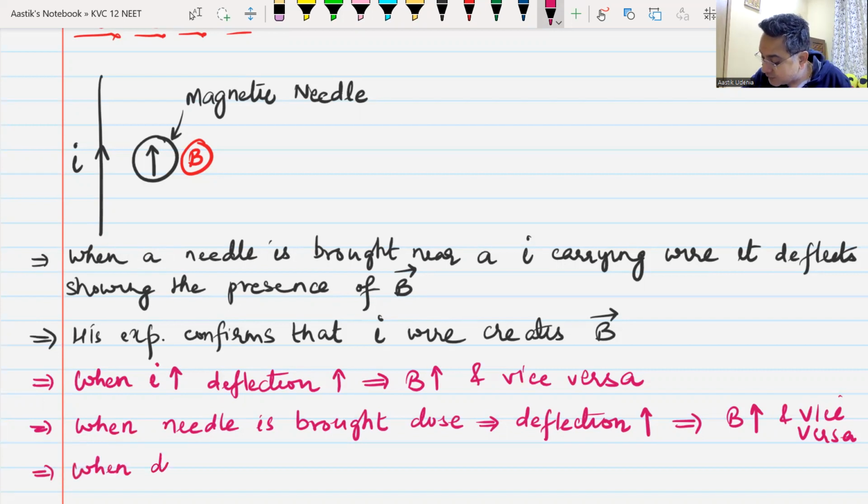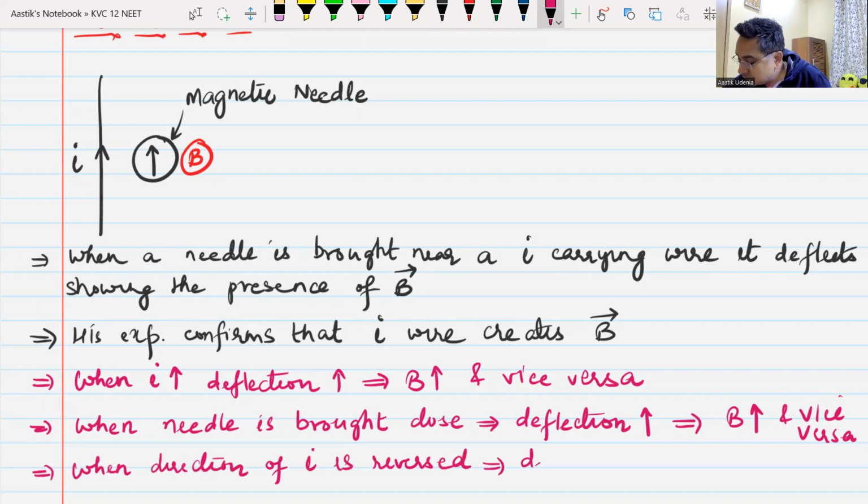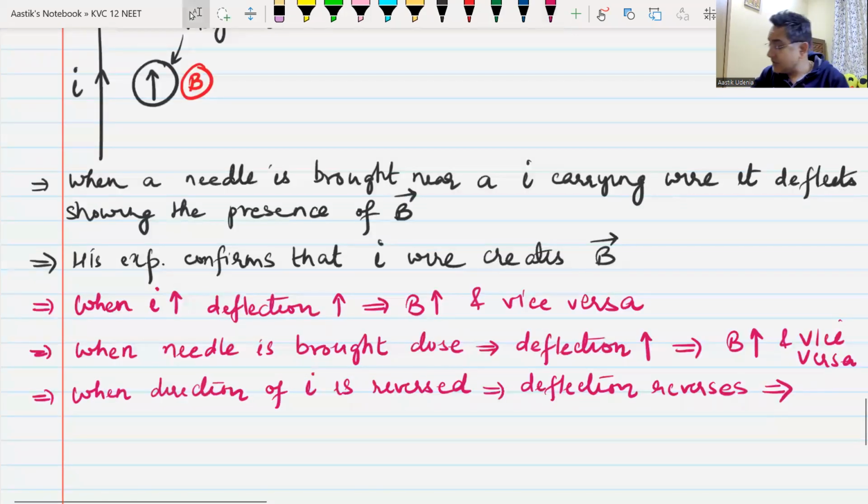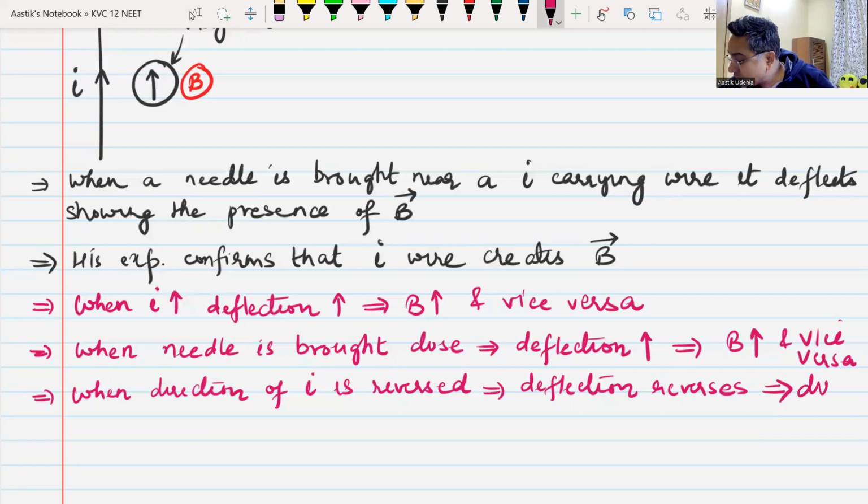When the direction of current is reversed, the deflection also reverses, which implies that the direction of magnetic field has changed, which implies that the direction of magnetic field reverses.